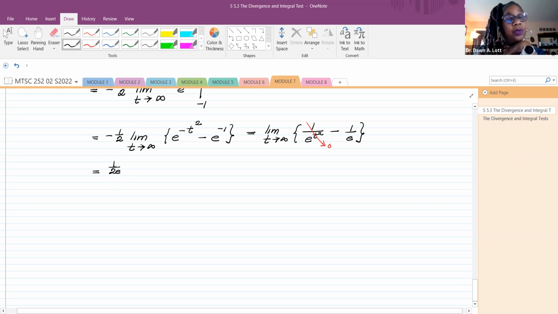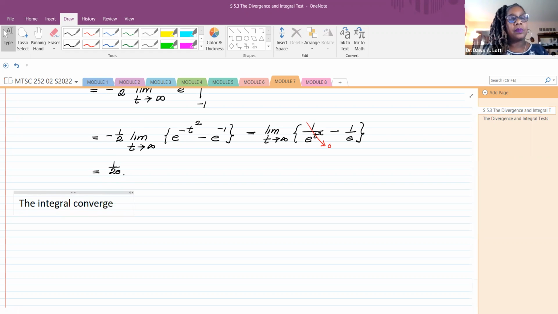And I like 1 over 2e. It's a nice finite number. So therefore, the integral converges. Hence, the series converges as well.